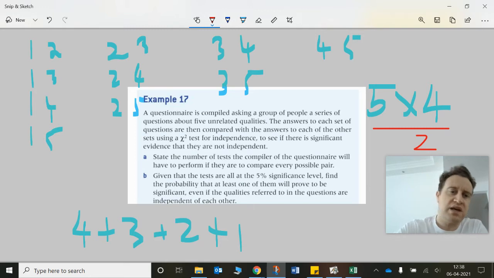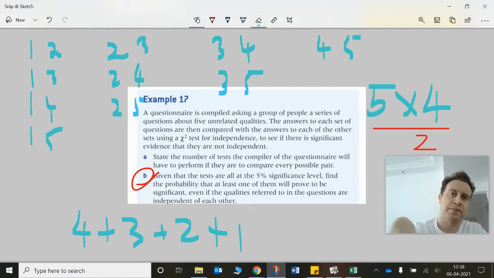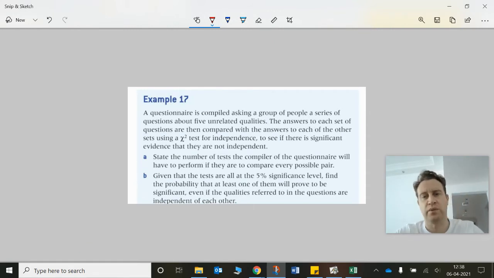Okay, for part B here, it says, given that these tests are all at the 5% significance level, find the probability that at least one of them will prove to be significant, even if the qualities referred to in the questions are independent of each other. Okay, so we're looking for the probability that there is at least one of them proving to be significant.